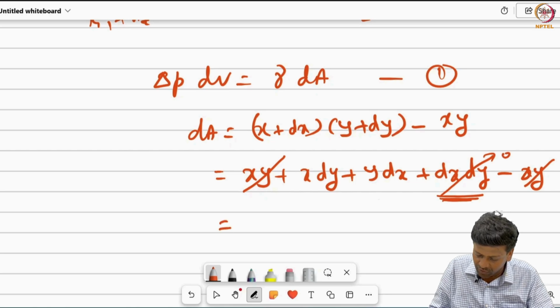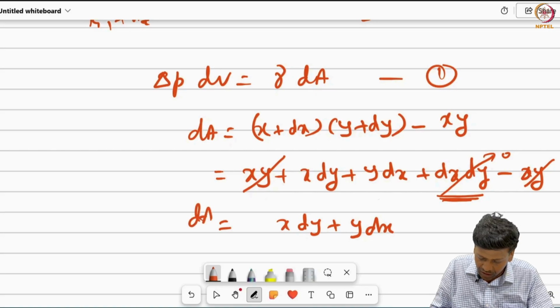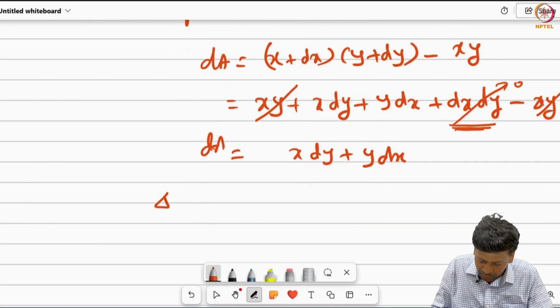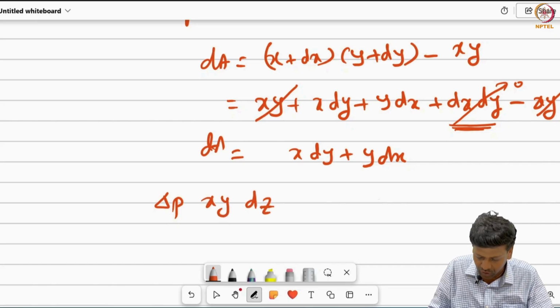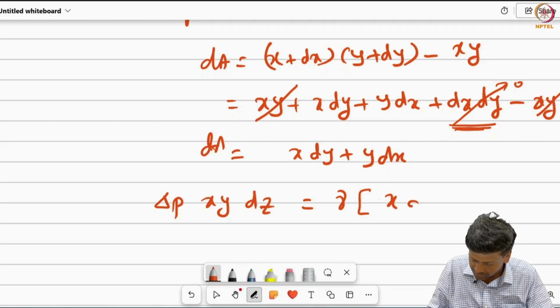Then what we will be left with is x dy plus y dx, which is nothing but dA. Now delta p into dV can be written as xy into dz. In such a case, this will be simply gamma into x dy plus y dx.